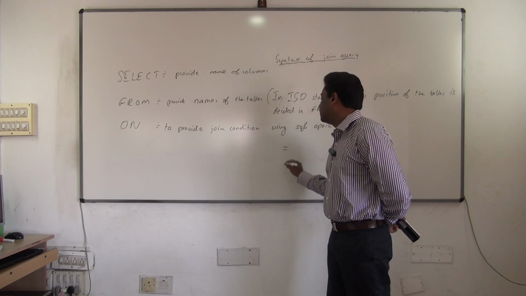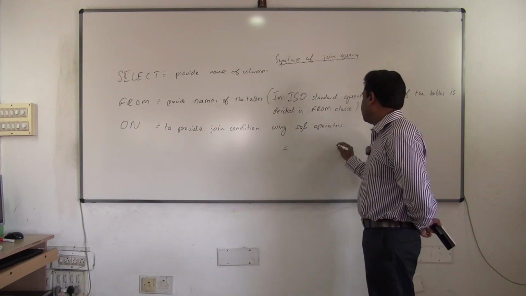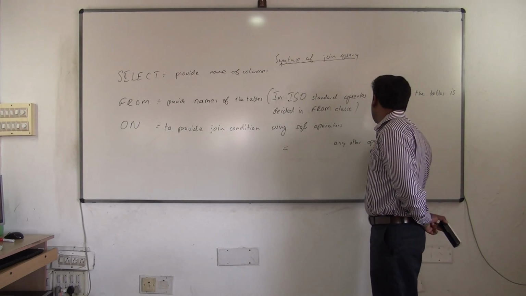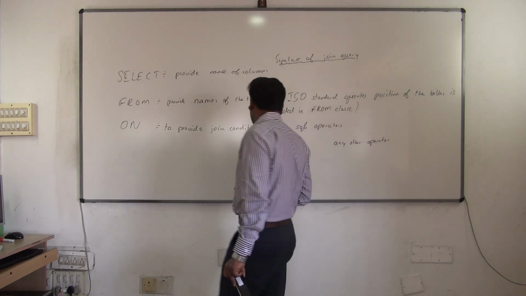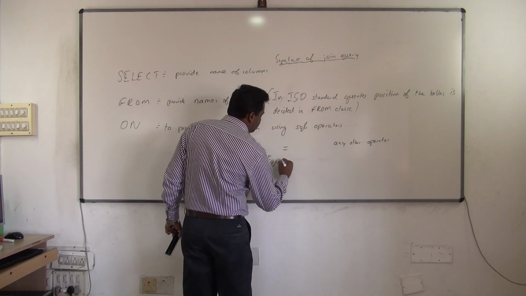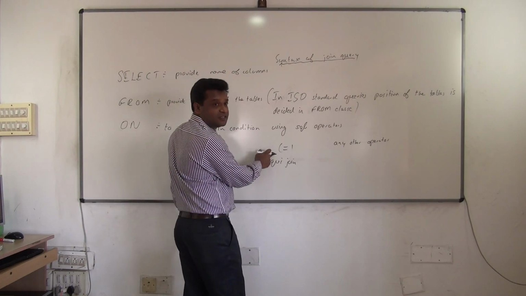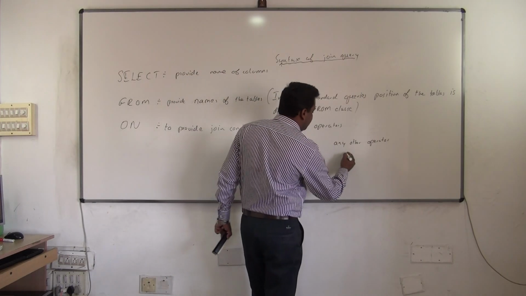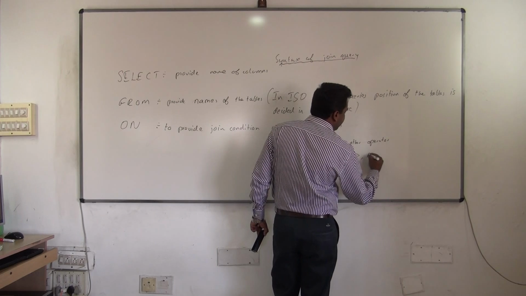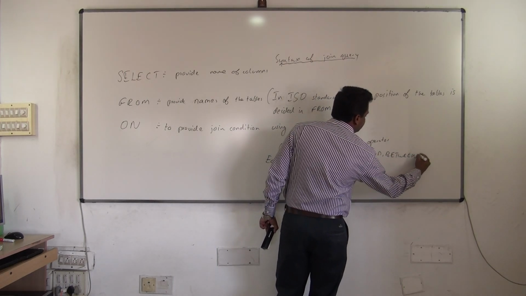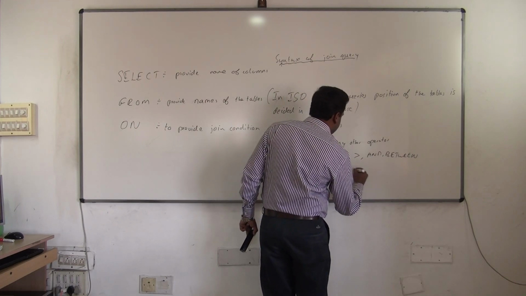If you use equals, it becomes what? Equi-join. Any other operator, it becomes non-equi-join. That's it. If you use equals while giving the condition, it becomes equi-join. Any other operator like greater than, lesser than, and between, it becomes non-equi-join. That's it.